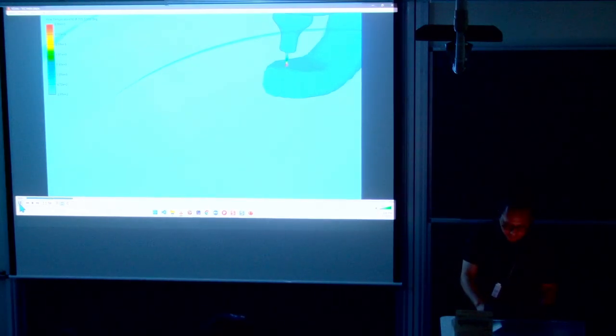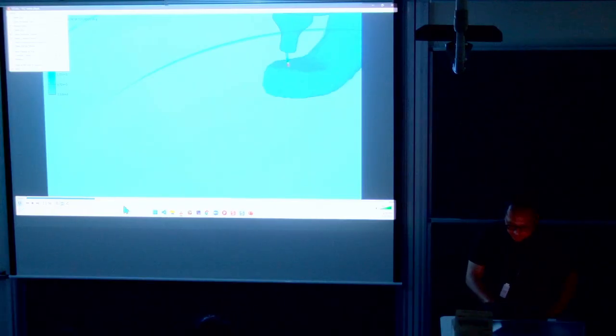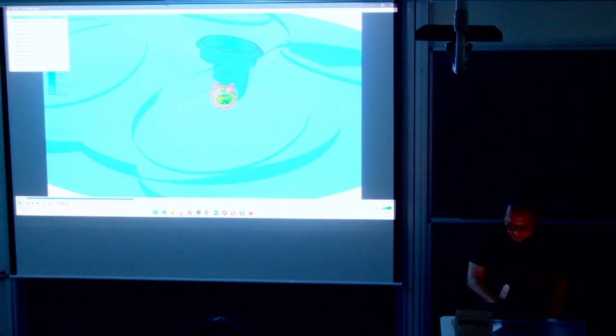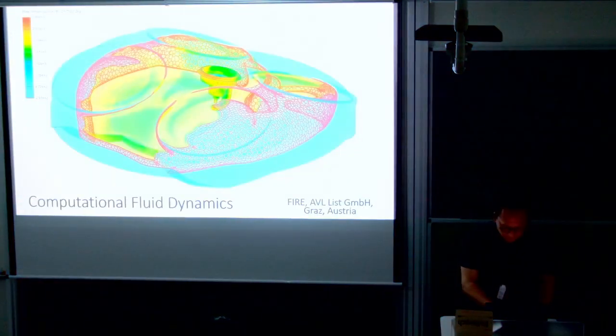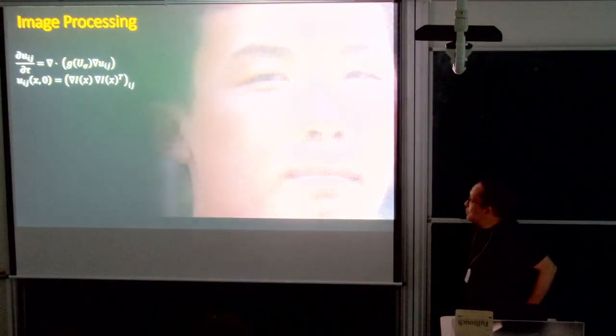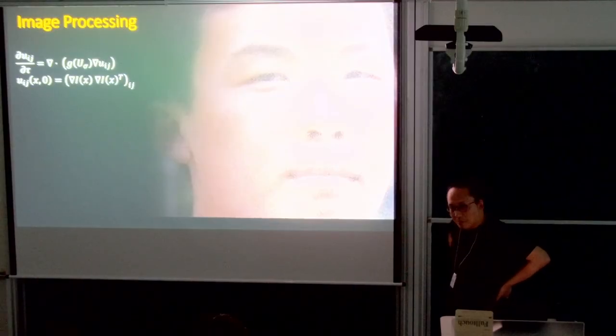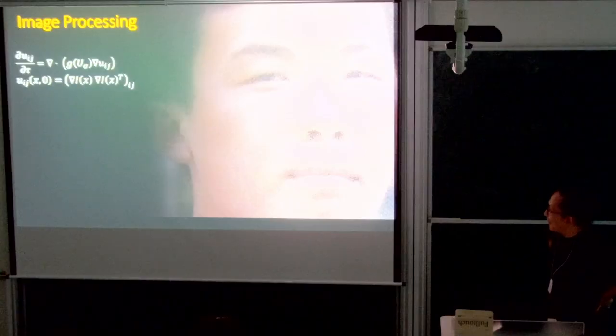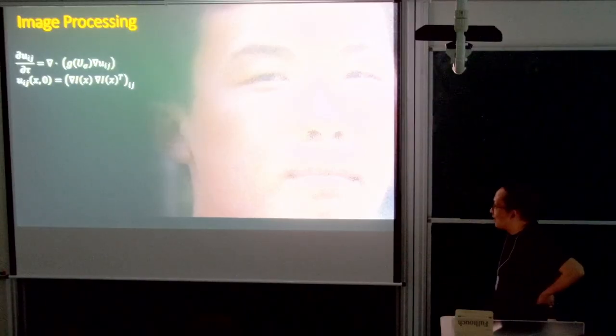And then the next one is image processing, and I think some of you already noticed who he is on the screen. He was my old colleague in my PhD.